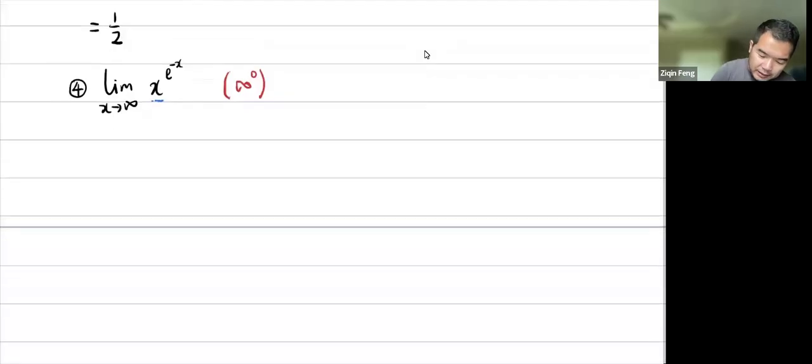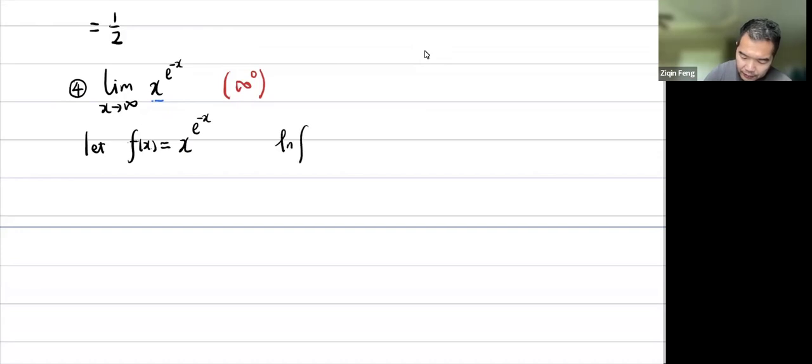So we let f of x equal to x to the e to negative x. Then natural log of f of x equal to natural log of x to the e to negative x. So this is e to negative x times natural log of x.